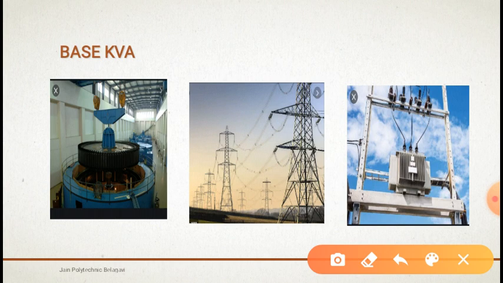So it is difficult to compare these percentage resistance and reactance and their combined effect unless they are all referred to a common kVA rating. This common kVA rating, which will be taken as an arbitrary one, is known as the base kVA of the system.